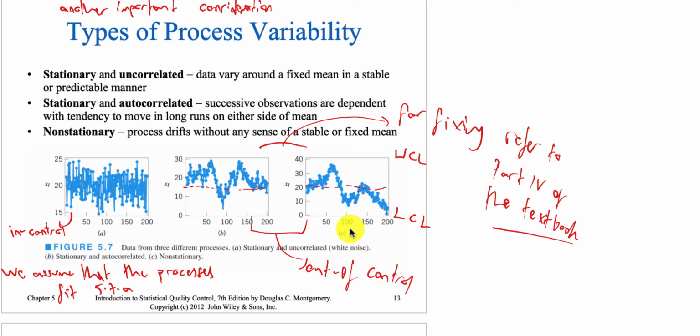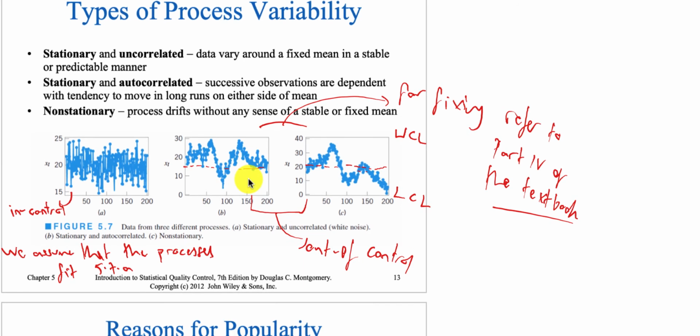We need to know them. They must look random. Otherwise, there are some faulty things in the process, so we need to find these assignable causes, then get rid of them. We need to make our control charts look like that.